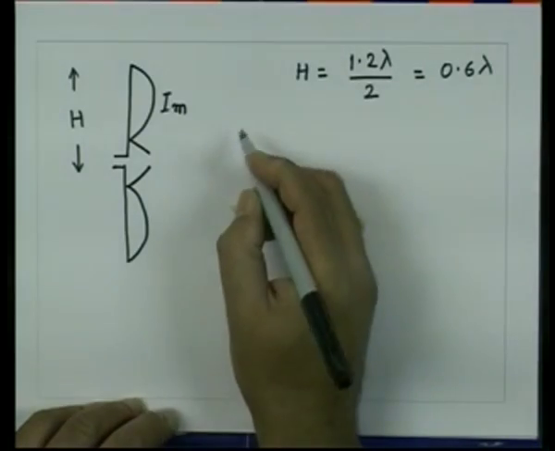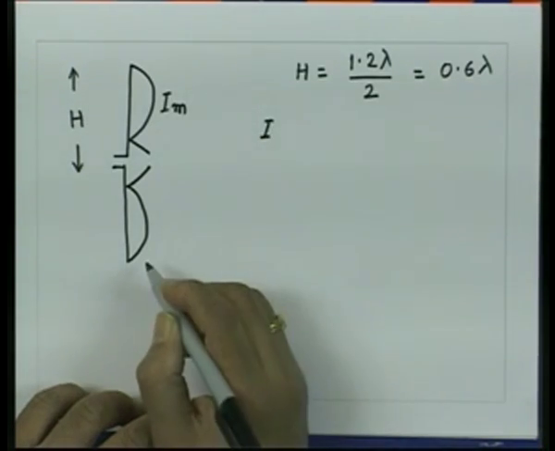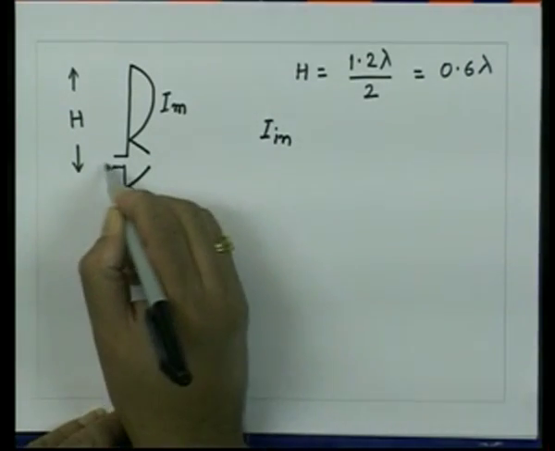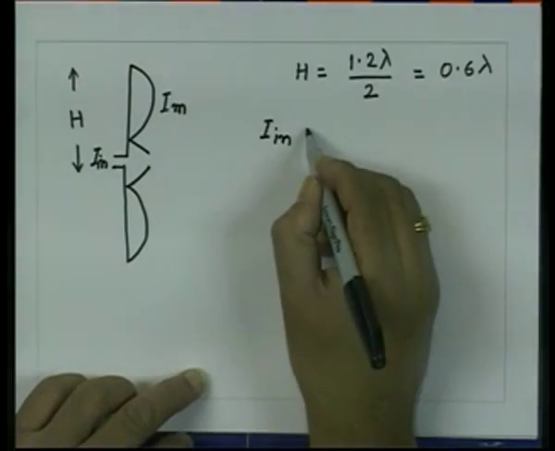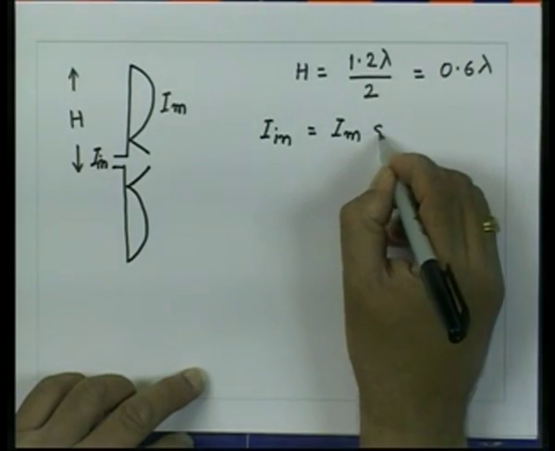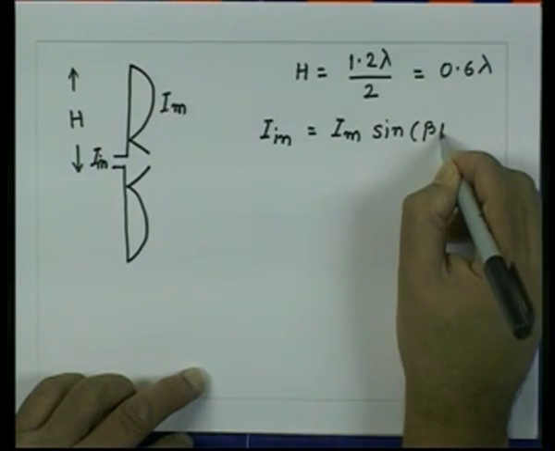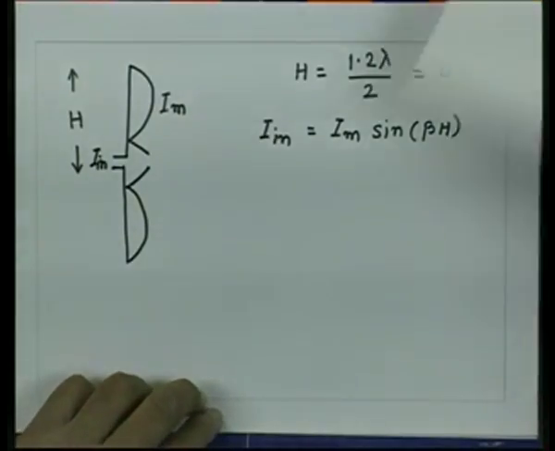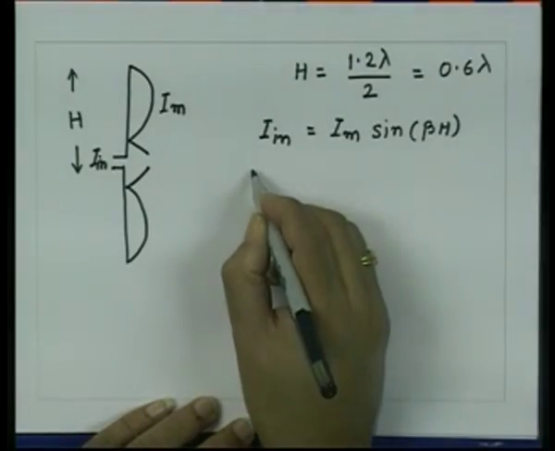Now, as we know, the input current at this location, so that is Iin, is equal to Im sine of beta h, and this current is given as 1 ampere. The input peak current is 1 ampere.